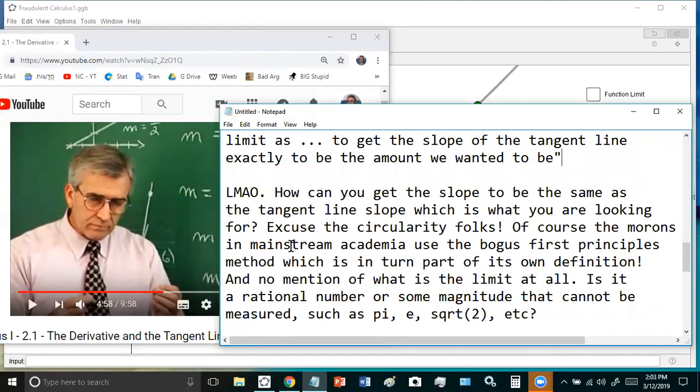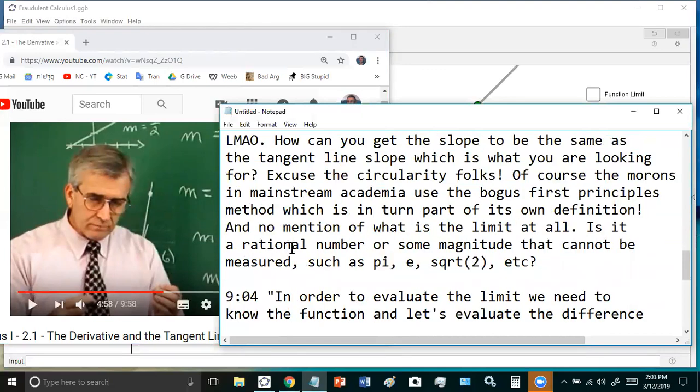Of course, the morons in mainstream academia use the bogus first principles method, which is in turn part of its own definition, and no mention at all of what is the limit. For example, is it a rational number or some magnitude that cannot be measured, such as pi, e, or square root 2? So this fake formula for the derivative in mainstream is basically not only circular, but it requires that you know the limit.